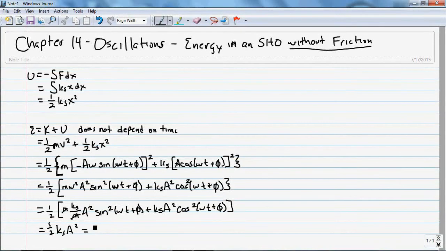One of the formulas that we can do is substitute in for K of the spring, and that's going to be 1/2 mass times omega squared amplitude squared, and this is also going to be equal to 1/2 mass times V max squared. And this is just when it's all kinetic energy.